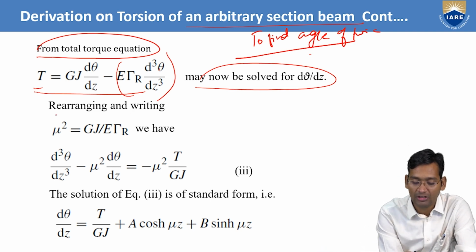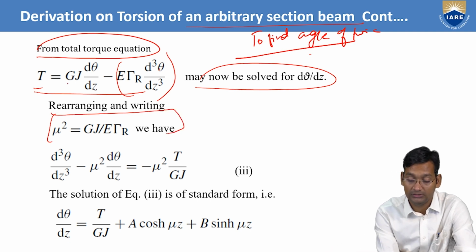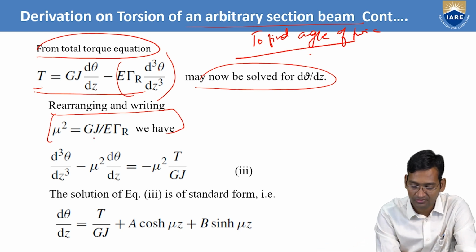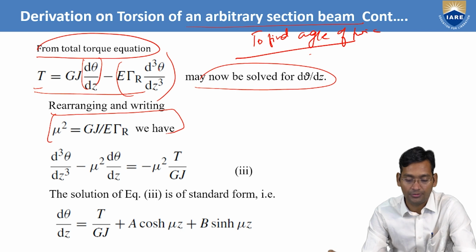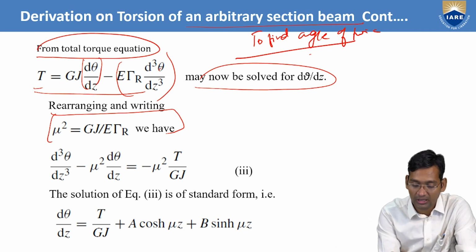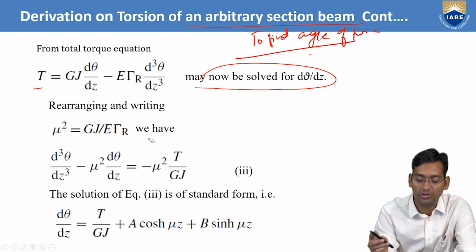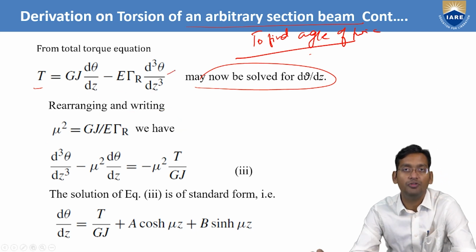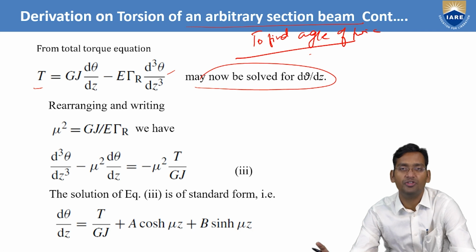First, they have taken GJ by E tau r as mu square. Now because d theta by dz we have to find, for solving the linear differential equation the highest-order term should have coefficient 1.